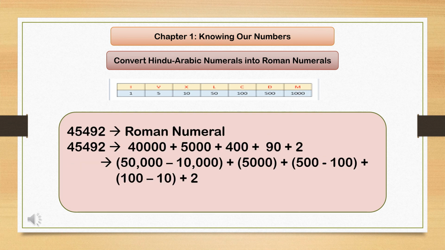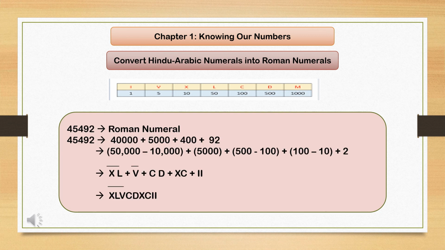We will express this expanded form in terms of the numbers for which we have the symbols in the Roman numeral chart. 40,000 can be expressed as 50,000 minus 10,000. 5,000 will be represented as it is. 400 can be written as 500 minus 100 and 90 can be written as 100 minus 10 plus 2.